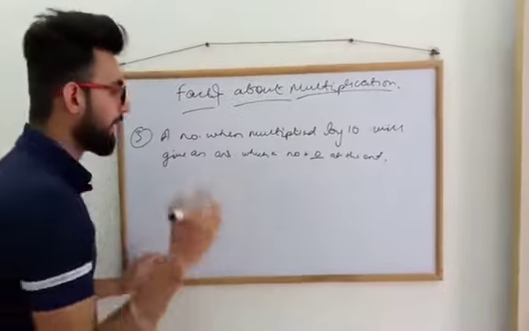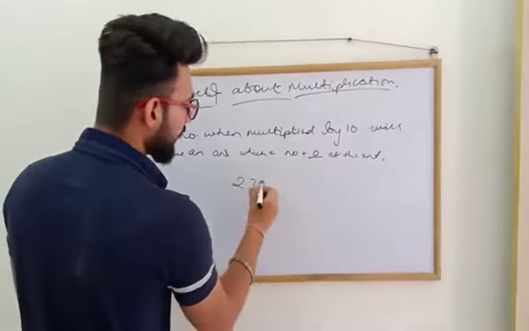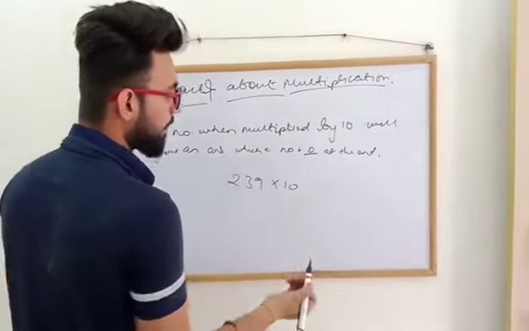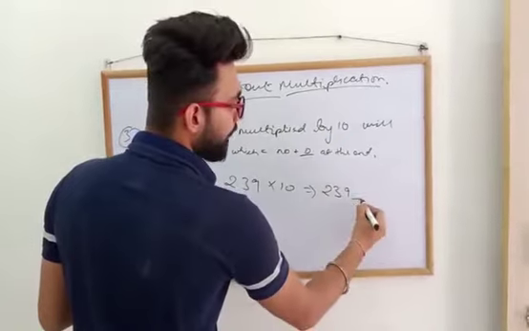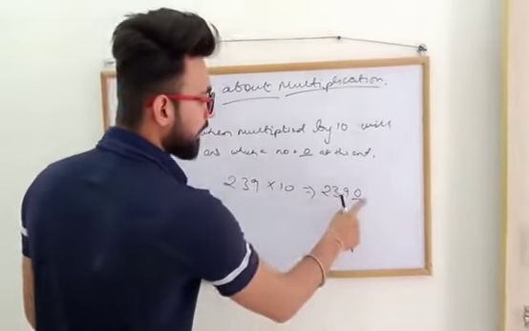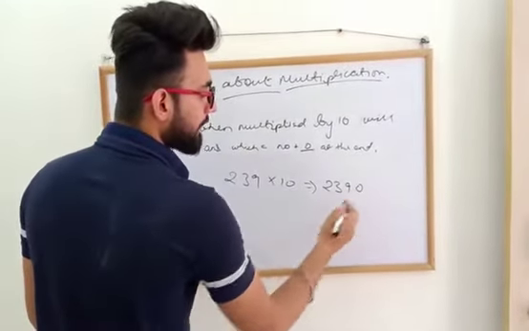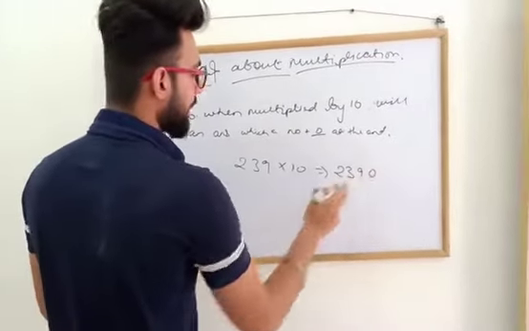I'll explain how. Let's say the number is 239. If you multiply the number by 10, we'll get the answer 239 and we'll put 0 over this place. So we got the number 2390. Okay?